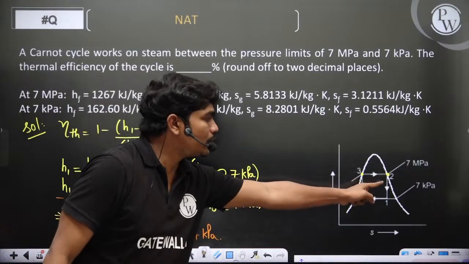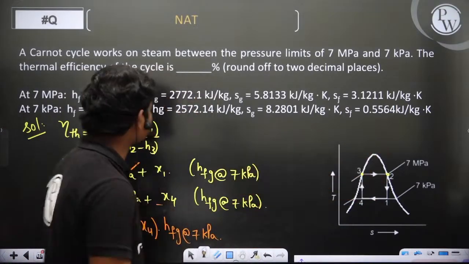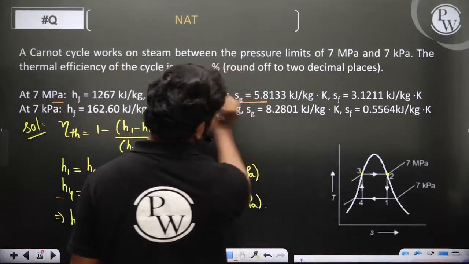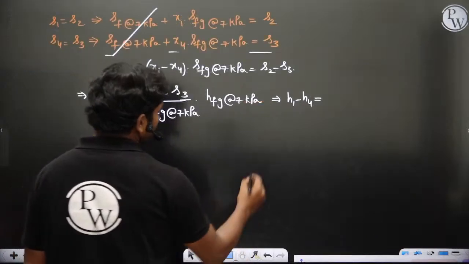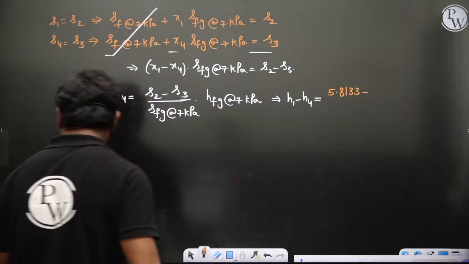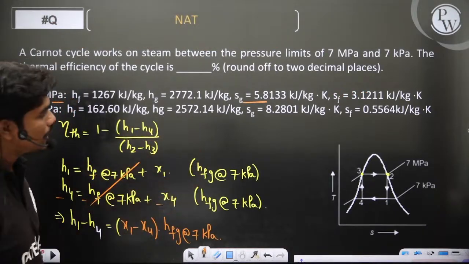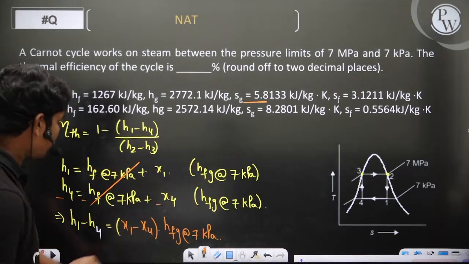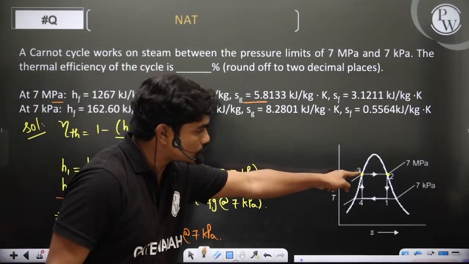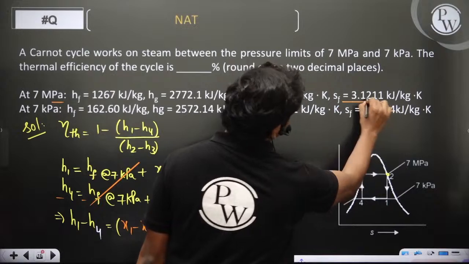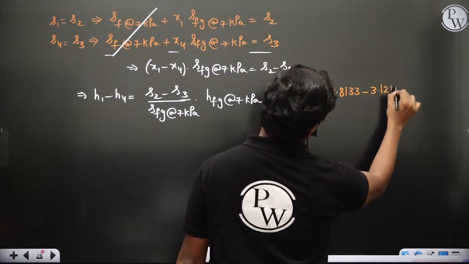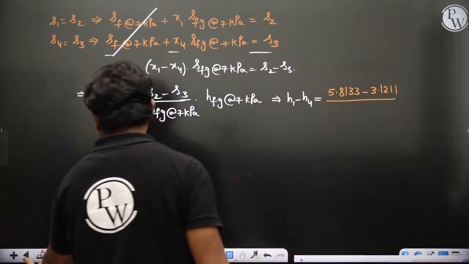So what is 2? 2 is nothing but the saturated vapor condition at 7 megapascals, where the entropy is 5.8133. So this is 5.8133 minus S3. At the third state this is nothing but saturated liquid at 7 megapascals, so the saturated liquid property is 3.1211, divided by Sfg at 7 kilopascals.